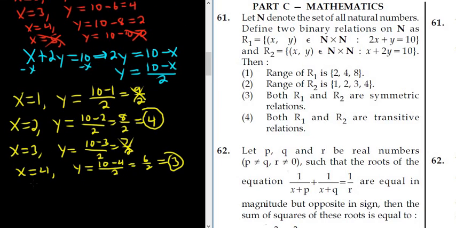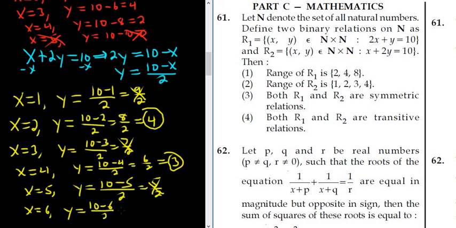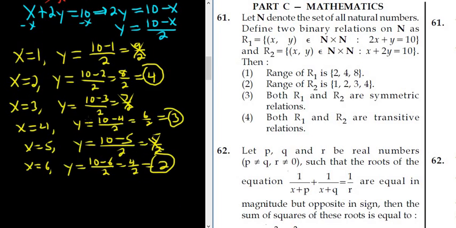When x is 5, we get (10 minus 5) over 2, so 5 over 2, which is not a whole number, so we can't include that. When x is 6, we get (10 minus 6) over 2, so 4 over 2, which is 2. That's a whole number. Okay, let's keep going.